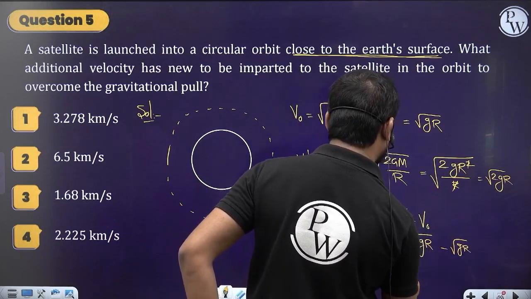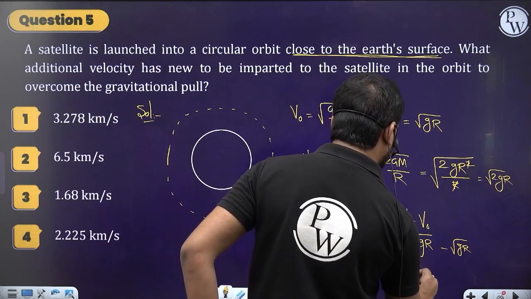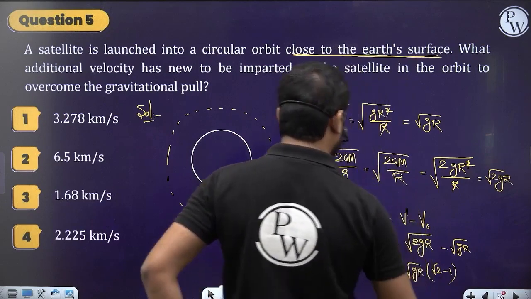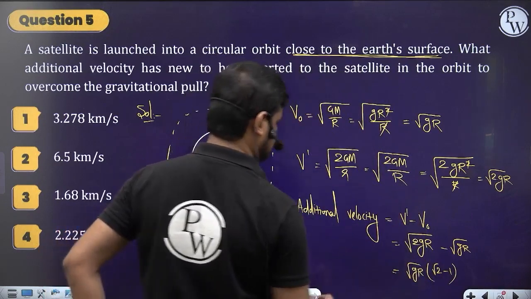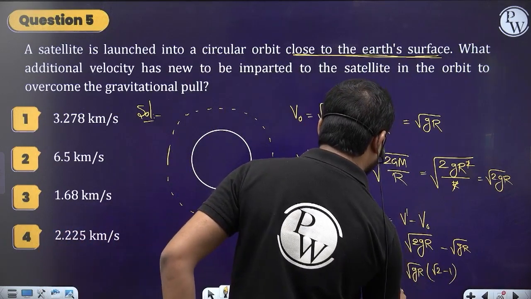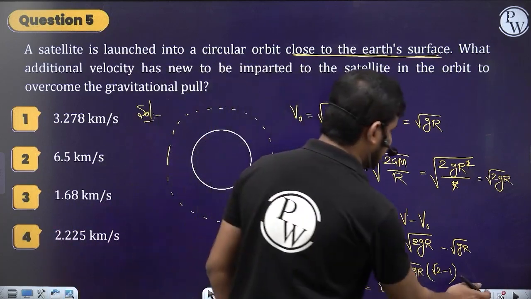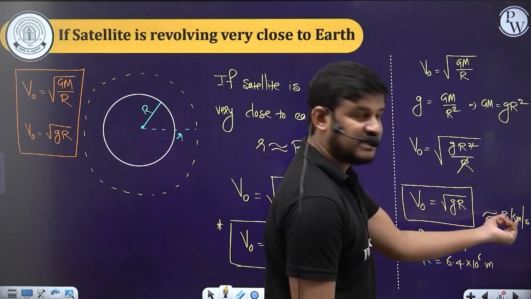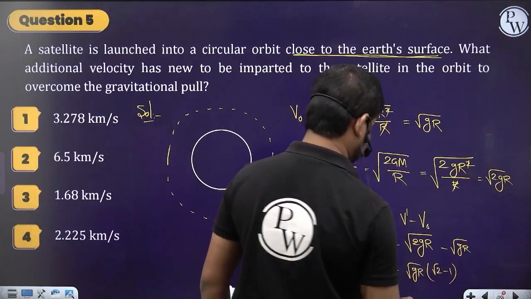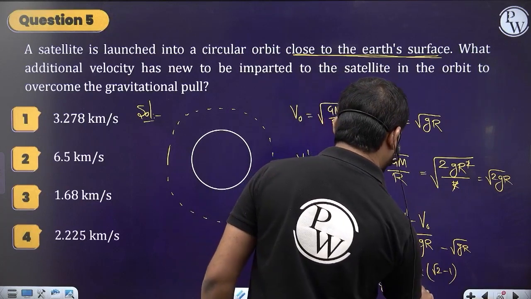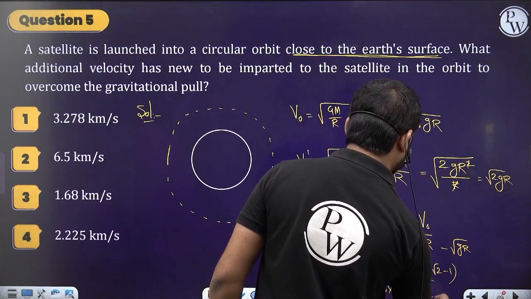Let me take root gR common, so it will be root 2 minus 1. Root gR we already got as somewhere around 8 km per second. Previously I told you, right? So this is 8 km per second into root 2 minus 1, which is 1.414 minus 1.